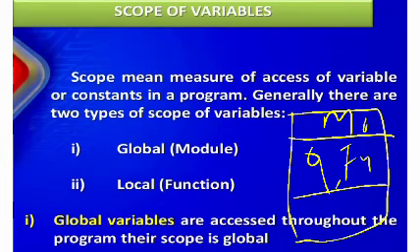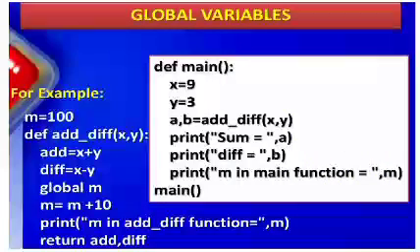Here we define it simply: global variables are those variables that are accessible inside the module for every function defined inside the module. When a variable is defined inside a function, it is accessible only inside the function, not outside the function, and is called a local variable.